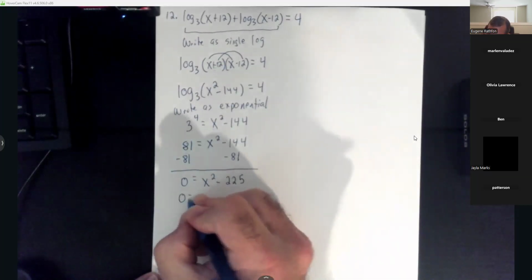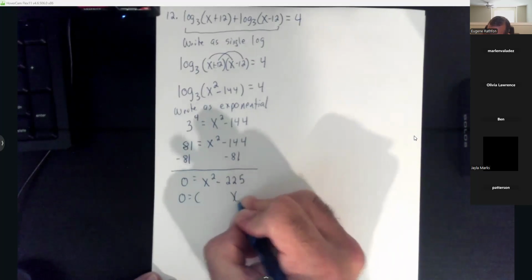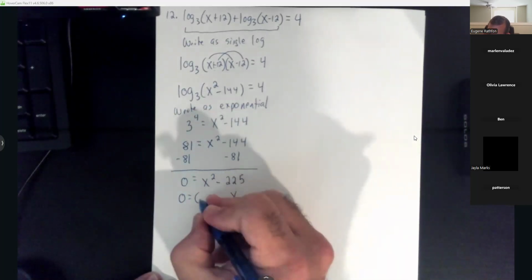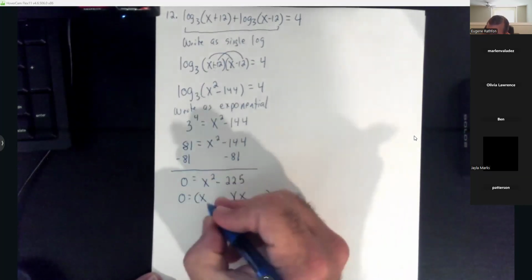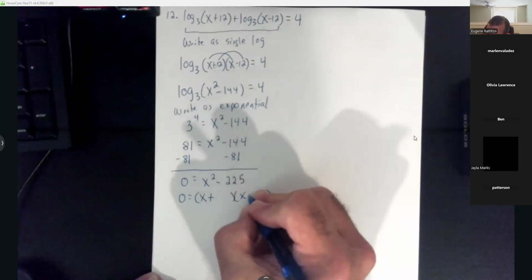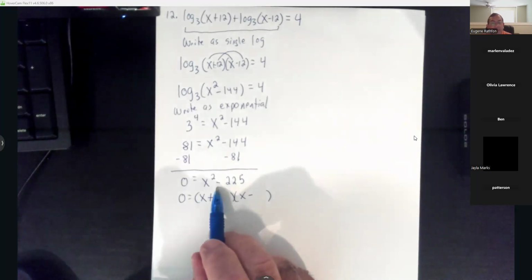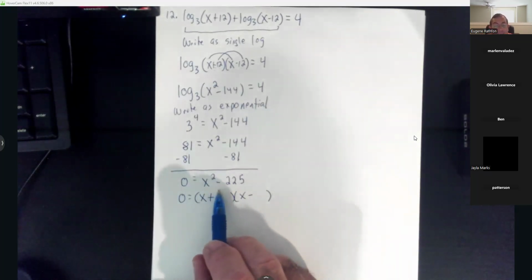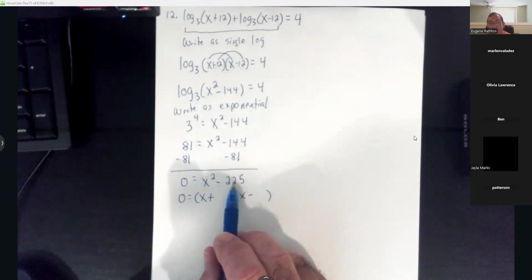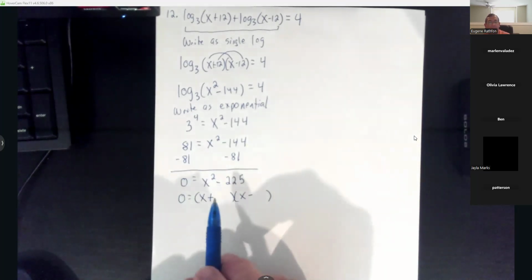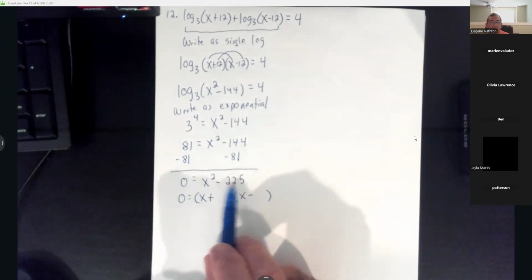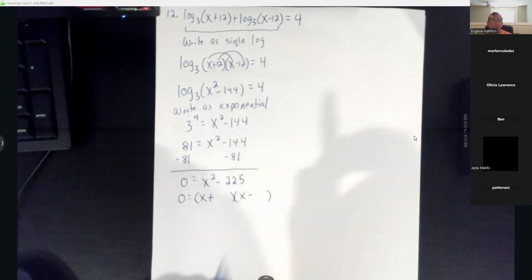All right, so we're going to put these in parentheses. X squared is an x and an x. The last number is negative, so you'll have unlike signs. Now remember, since there's not an x here, it's like a 0x in the middle. So you're looking for factors of 225 that'll subtract and give you 0. But y'all, since this is perfect squares, to get that number, what's the square root of 225?